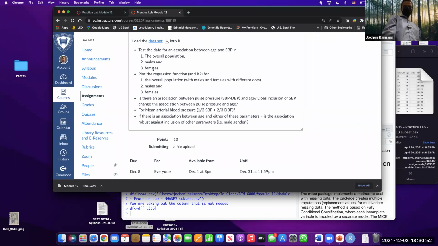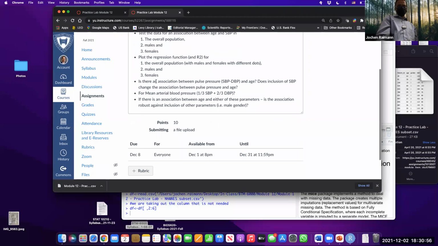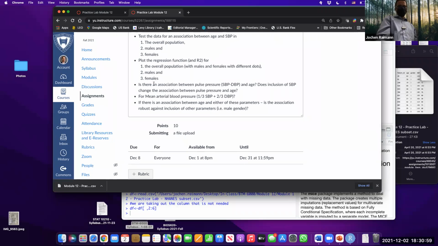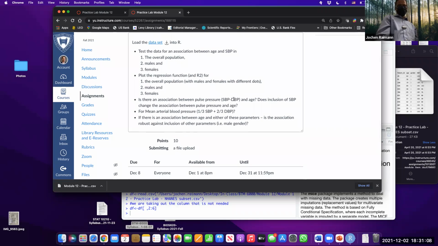We're plotting a regression function and an R2 for the overall population, males and females, and we conclude whether there's an association or not. And we are now calculating the pulse pressure. The pulse pressure is calculated as systolic blood pressure minus diastolic blood pressure, and age. And if we include SBP, this becomes already a little bit a multivariable regression that I will show you how to do.